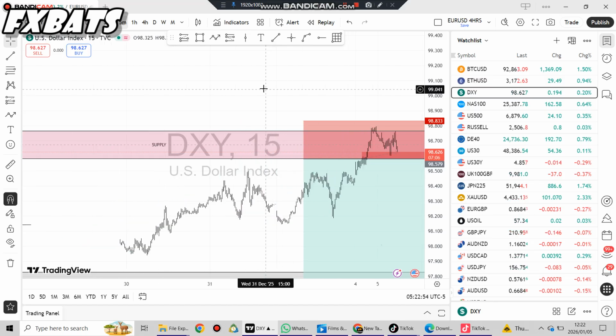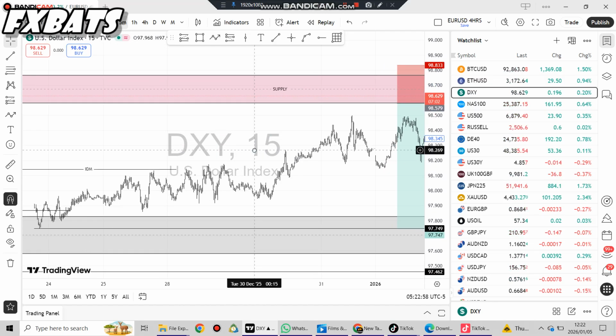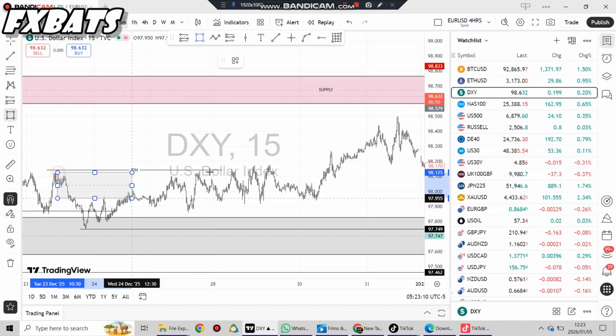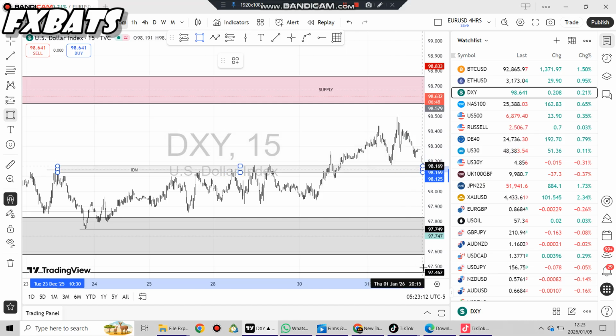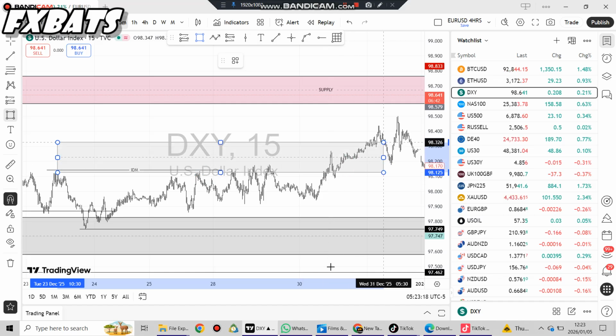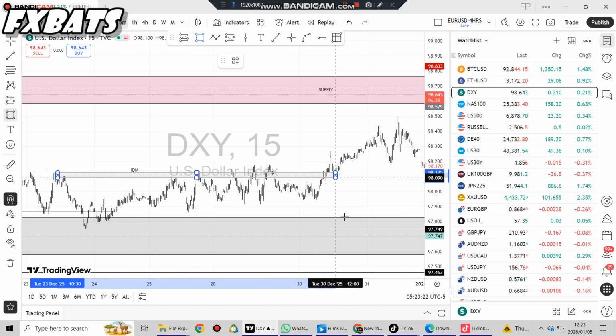As you can see on 15, where this mitigation move started, this entire area should be my initial consolidation. Let me mark it. I'm having difficulty with this because I'm not using a mouse.